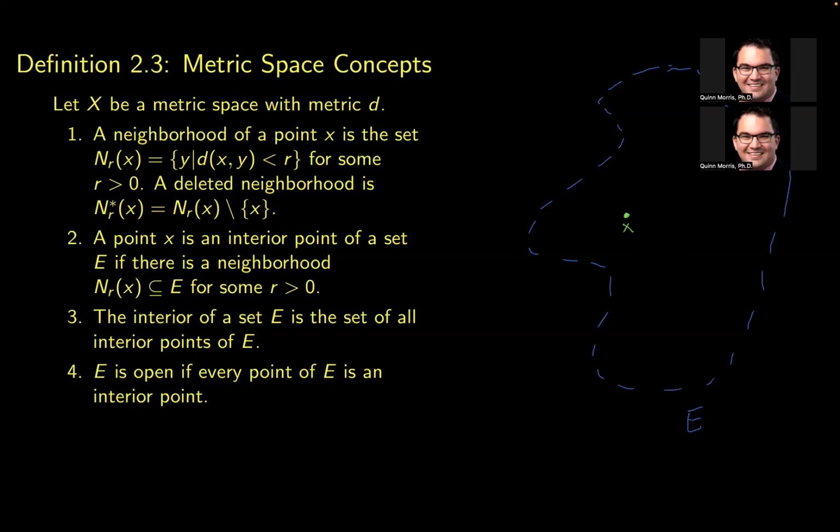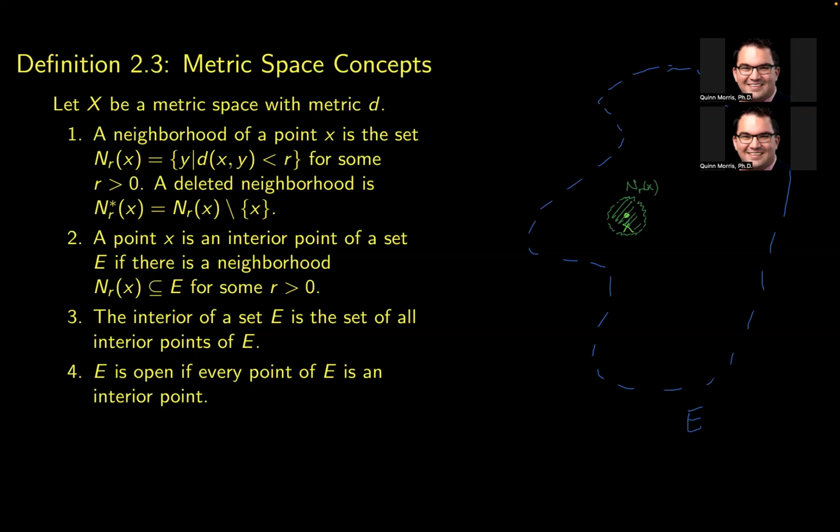Well, in this case, X is an interior point because I can construct a neighborhood around X where I can find some radius so that this entire neighborhood that I've constructed lives inside E.